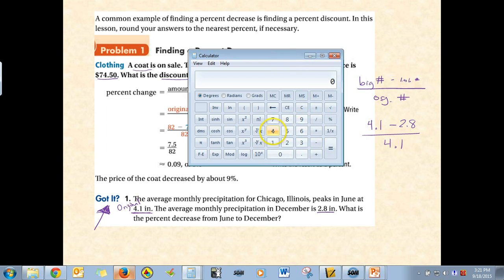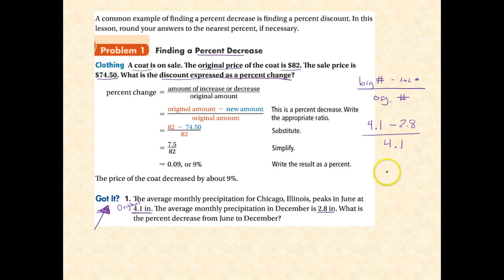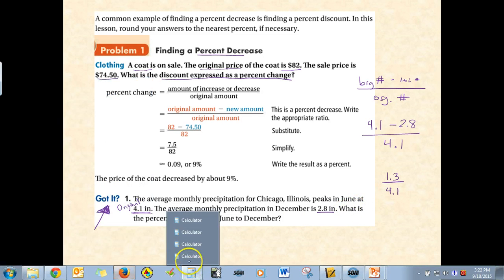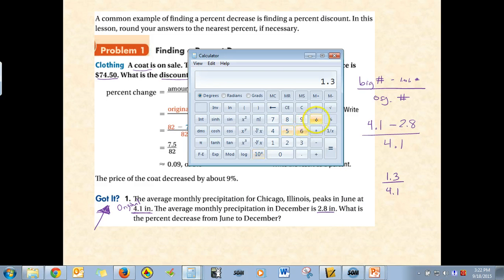Okay, so 4.1 minus 2.8 is 1.3. So we got 1.3 over 4.1. Well, now I need to actually divide. 1.3 divided by 4.1 is, let's see, if we move the decimal over twice, it's 31.7.